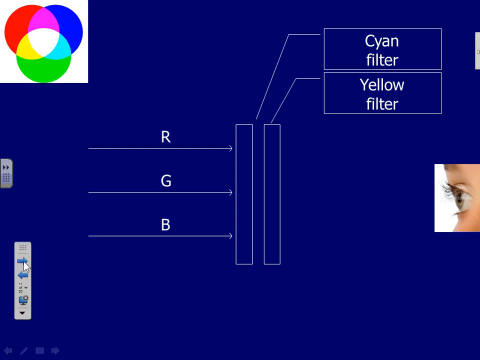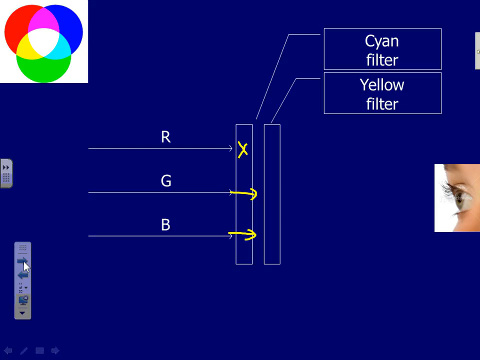So what if we have a cyan filter and we have a yellow filter? Let's think about what the cyan filter lets through and what it blocks. A cyan filter lets through blue and green and stops red.